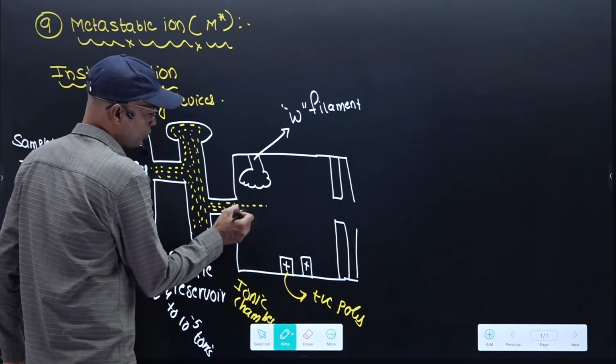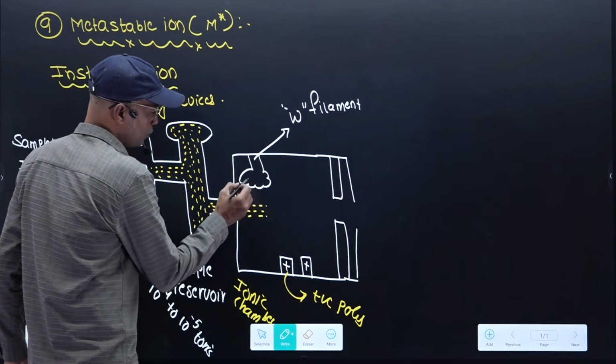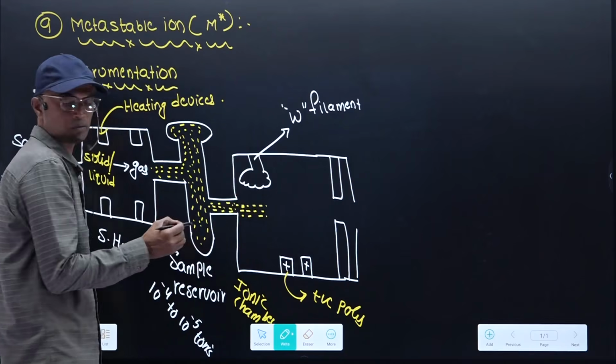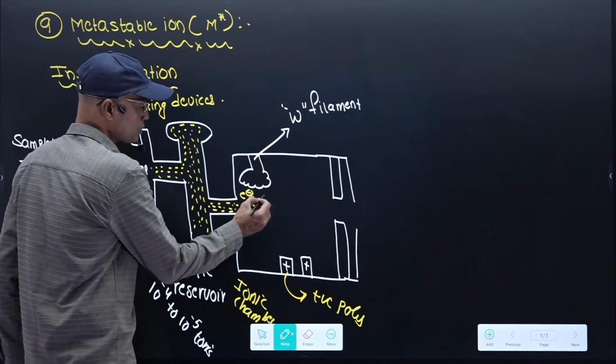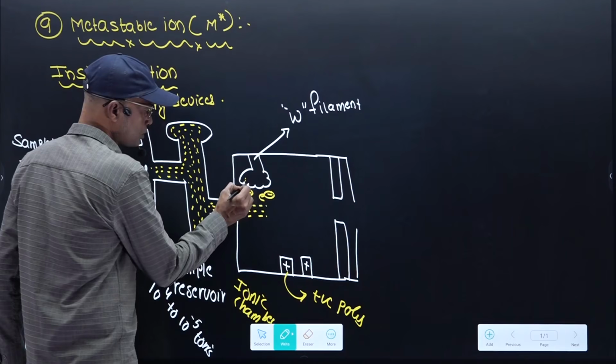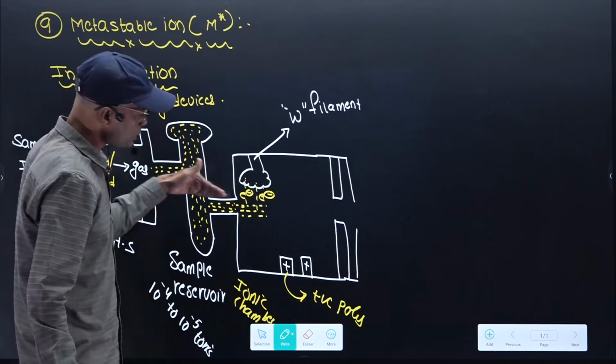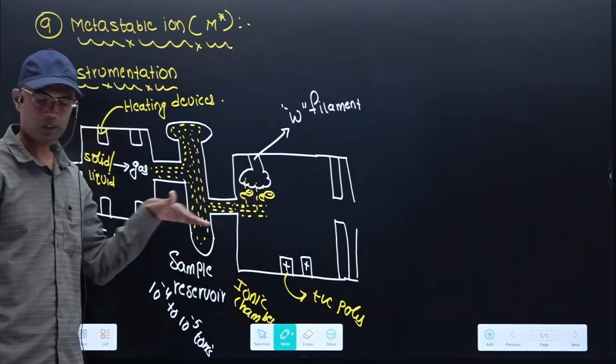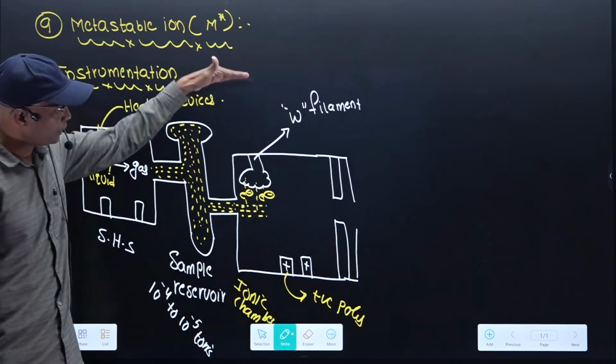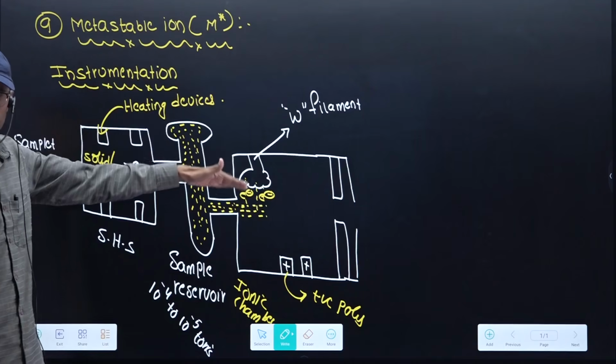When the sample is entering over here, this tungsten filament will deliver a beam of electrons. So the beam of electrons is coming like this. Now the beam of electrons and the sample are perpendicular to each other. The sample is coming like this, and electrons are coming from the filament exactly perpendicular.